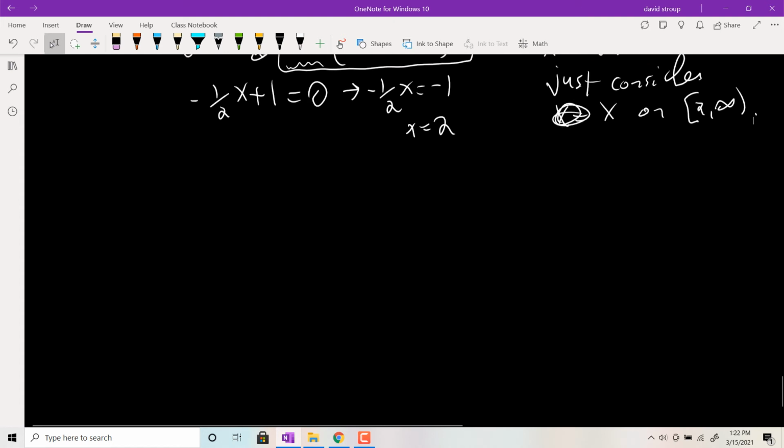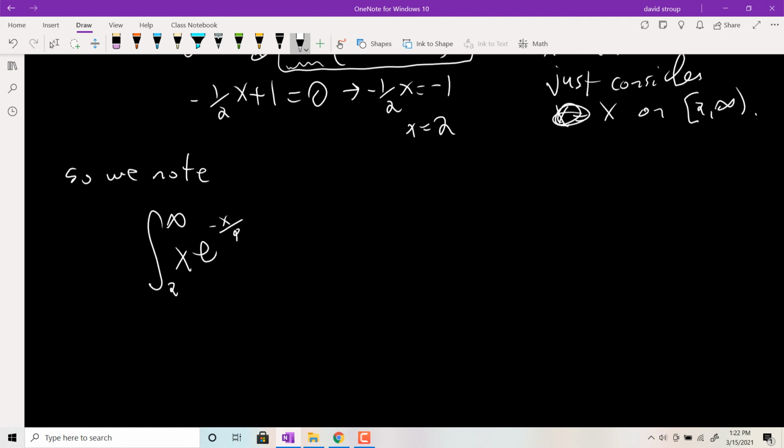So let's go ahead and figure out that integral then. So we take a look at the improper integral from 2 to infinity of x e to the negative x over 2 dx. Again, we can rewrite it as a limit as b goes to infinity of the integral from 2 to b of x e to the negative x over 2.